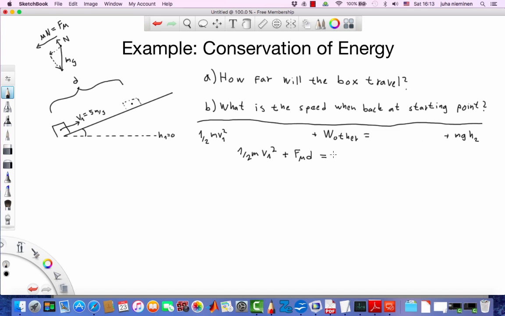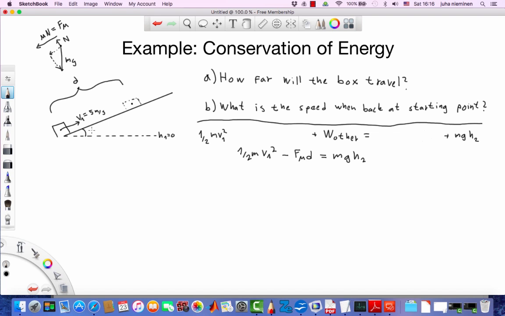And then all of that will be translated into gravitational potential energy. But now we have to be careful with this sign, because the work done by the friction is negative because the direction of the friction force is opposite to the displacement. It is, of course, negative, like this.